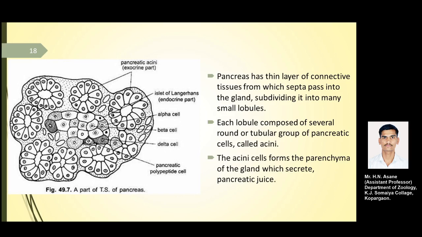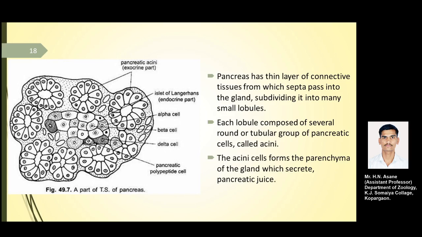That means it elevates blood sugar; the blood sugar goes high when glucagon is secreted by the alpha cells. It then targets organs like the liver.